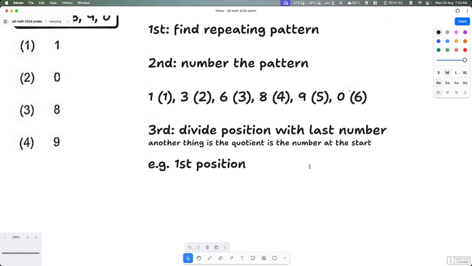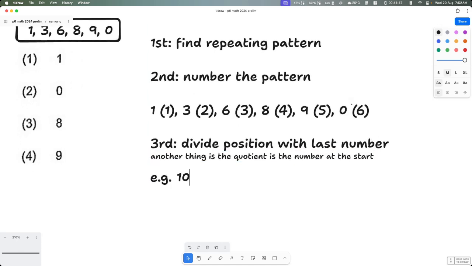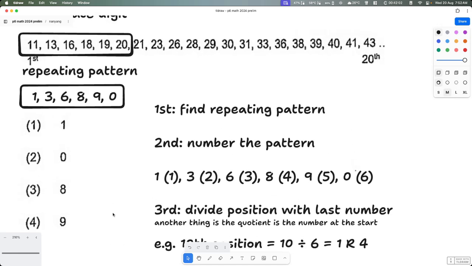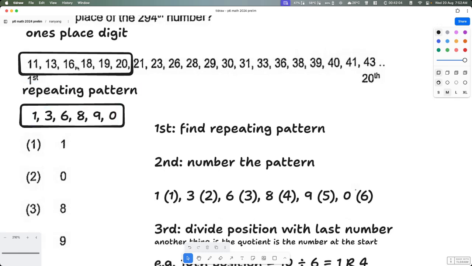So example, we want to get the 10th position, which is basically 10 divided by 6, which is 1 remainder 4. Okay, so that means 6, 7, 8, 9, 10.